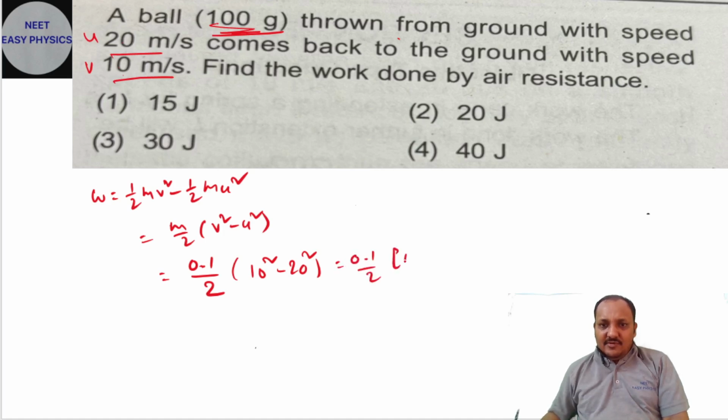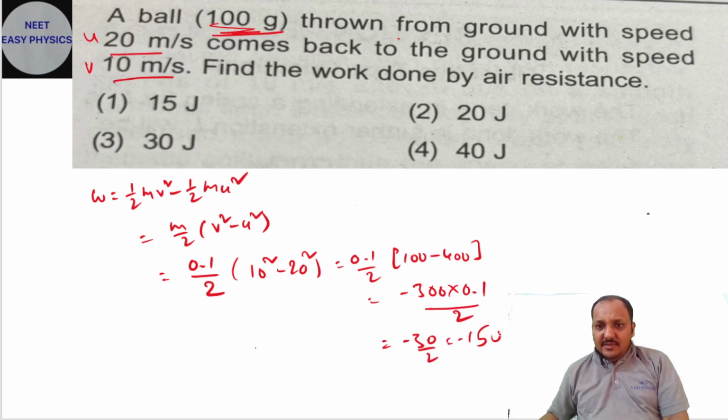So 0.1 by 2 into 100 minus 400. So minus 300 into 0.1 by 2. Minus 30 by 2, minus 15 joules. Here the negative sign indicates work done by the resistive force. Therefore the answer is 15 joules.